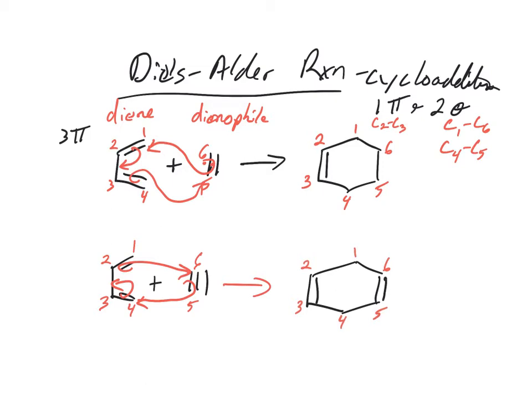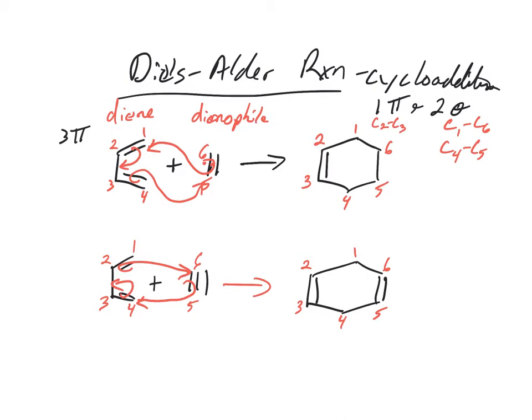It's still a cycloaddition. We took 3 pi bonds, and we end up with 1 new pi bond and 2 sigma bonds. These are all new bonds. This pi bond is just along for the ride on the alkyne, the dienophile, the lover of dienes.